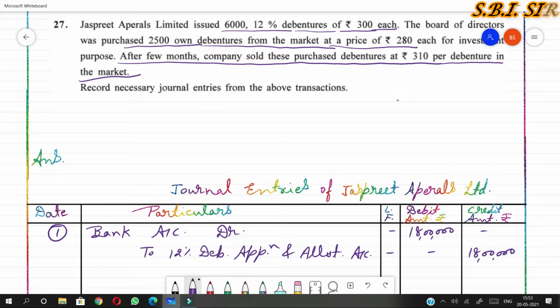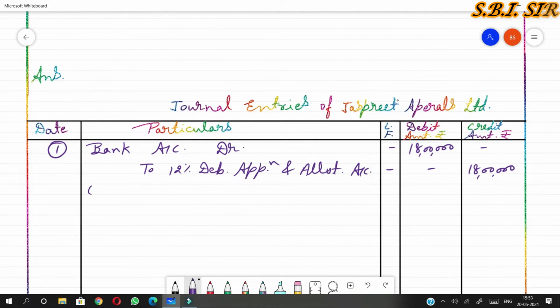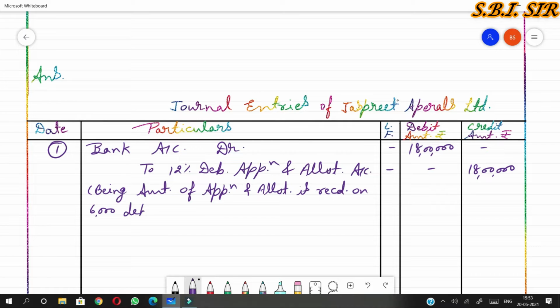Then the narration being: amount of application and allotment is received on 6,000 debentures at rupees 300 per debenture.